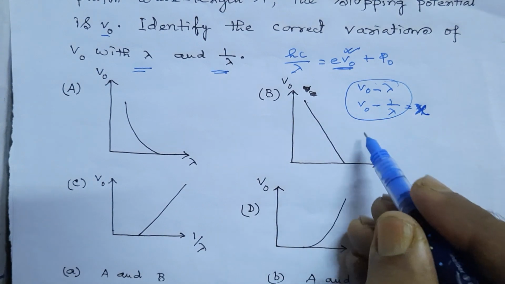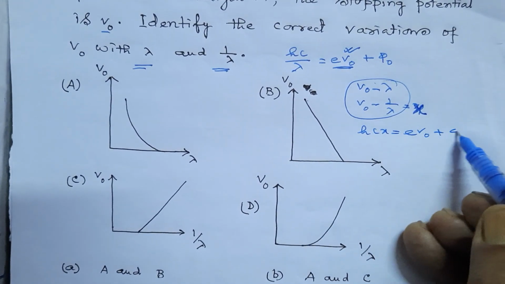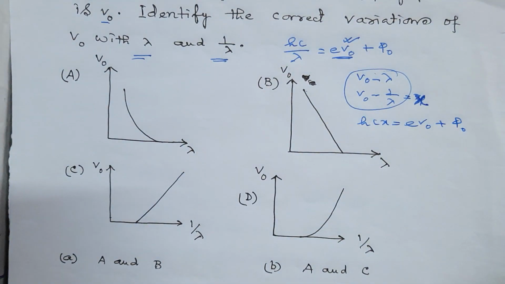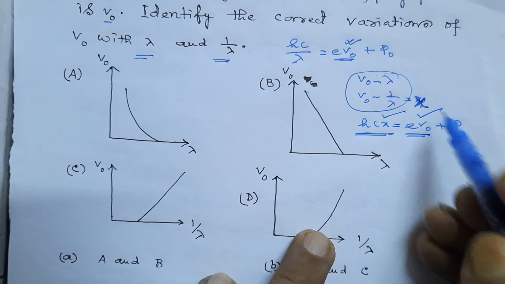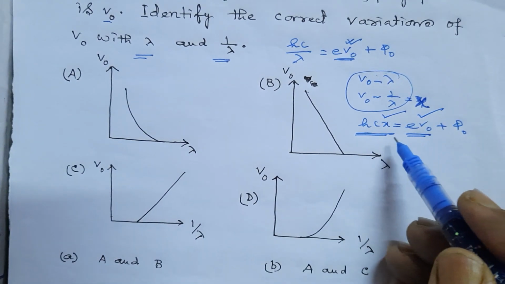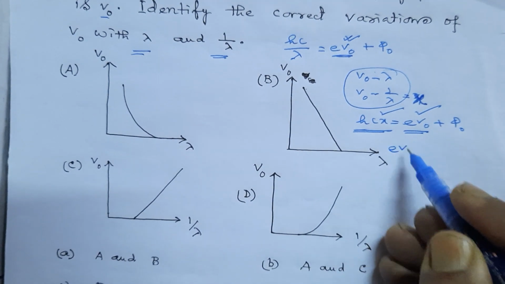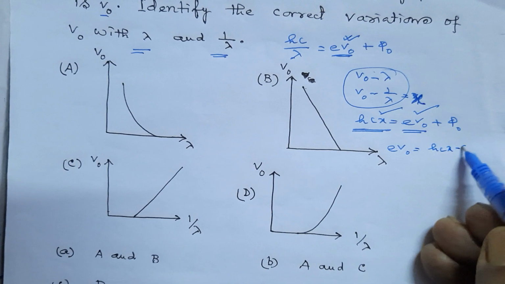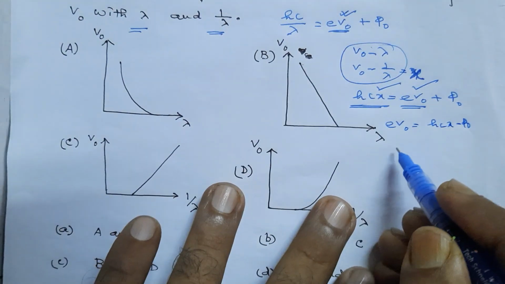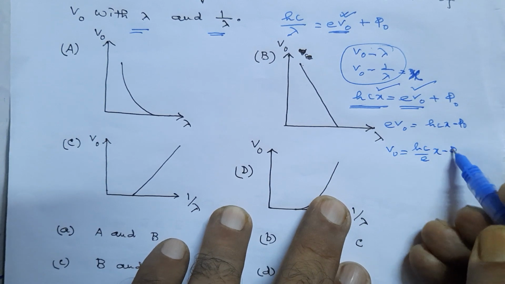Then Hc by lambda is Hcx equals eV0 plus phi 0. It is obvious that x is in linear power, V0 also in linear power, so the nature of the line should be a straight line. Now, eV0 equals Hcx minus phi 0. So V0 equals Hc by e into x minus phi 0 by e.